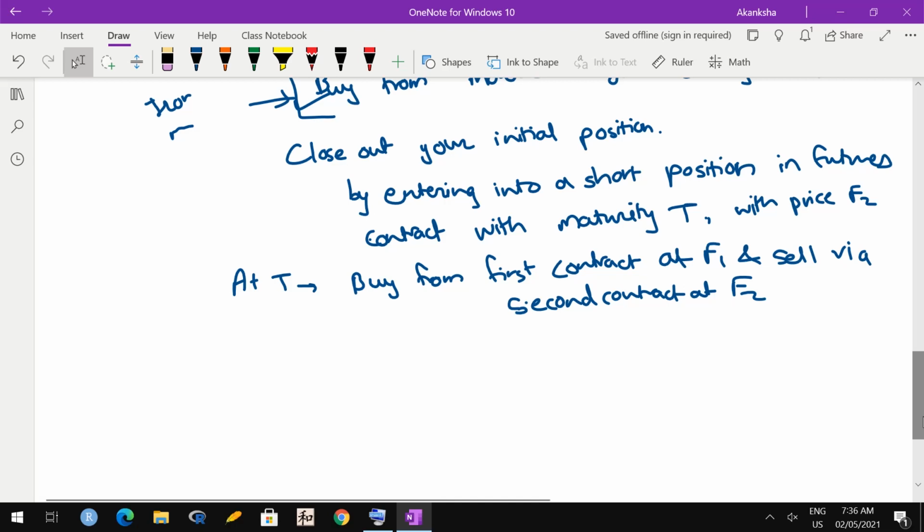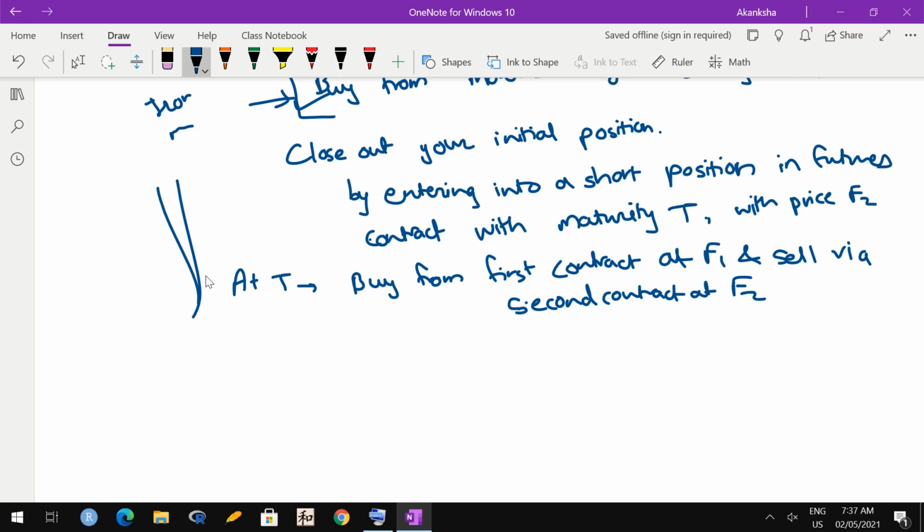But why is this to be done? This might seem like an unnecessary exercise, but this is going to compensate for at least part of your losses. Because when you buy arbitrarily at the spot price at some intermediate time point, you may face a huge loss. So some of that loss can be compensated via these opposite transactions at the end of the time period.